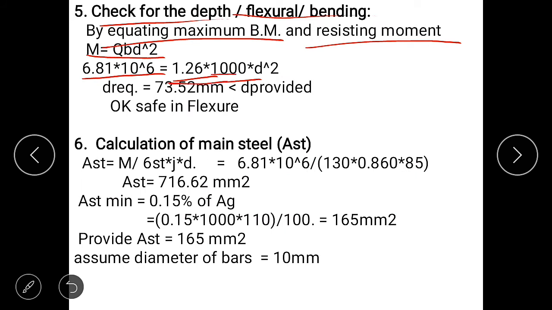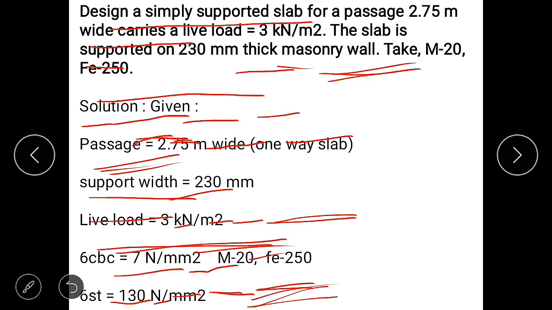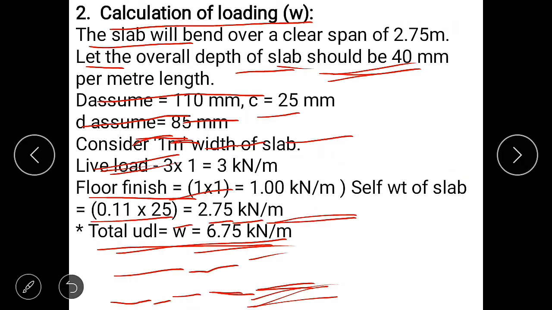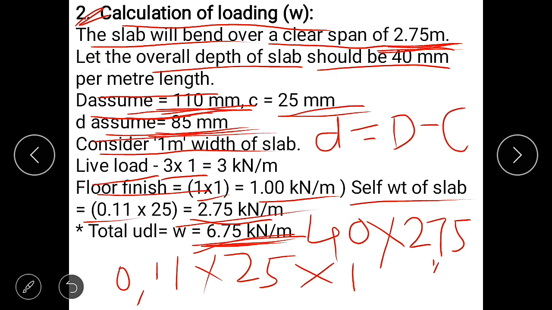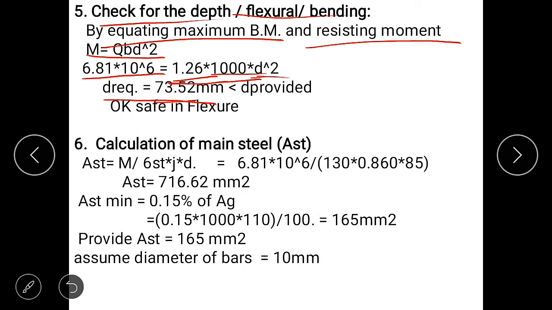B width we assume 1, so in mm it is 1000 mm. We have to find D. So D required is 73.52 mm. We provided a depth of 85 and the required is 73, so 85 is greater, so it is safe in flexure and also bending.